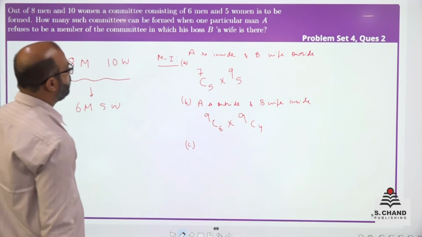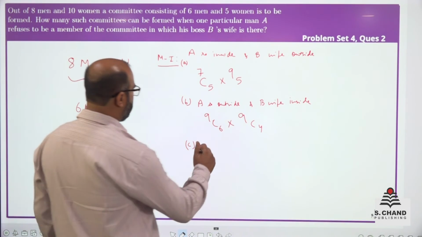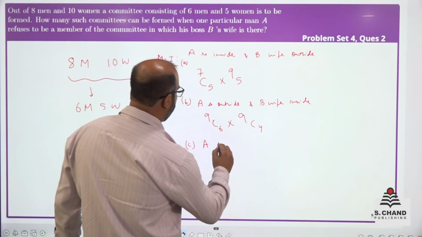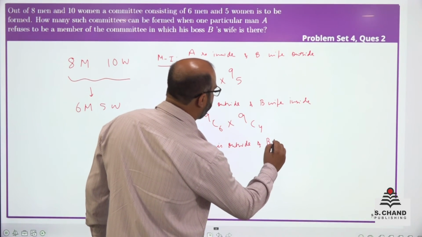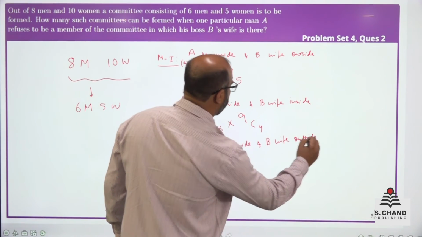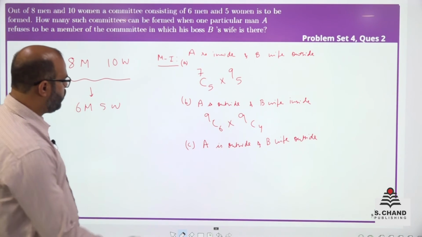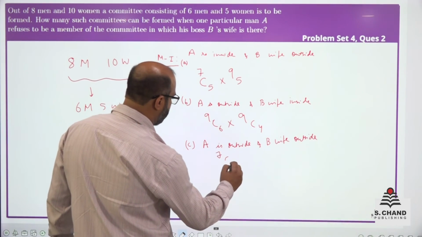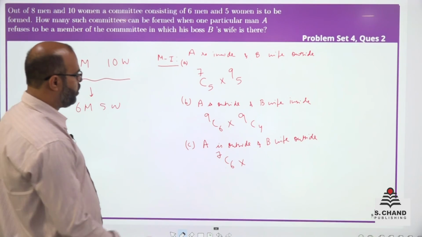C option. A is outside and B's wife outside. Both are outside. So, out of 7 men, 6 men you have to select, and out of 9 women, 5 women you have to select.